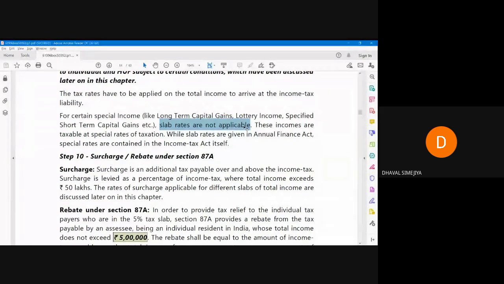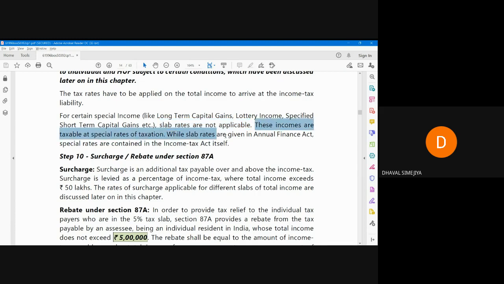That we will discuss in next semester, semester number 4. Lottery income is part of your fourth head, capital gain and income from other sources. So if you are earning any of these, then special tax rate will be applicable, and not the slab rate.